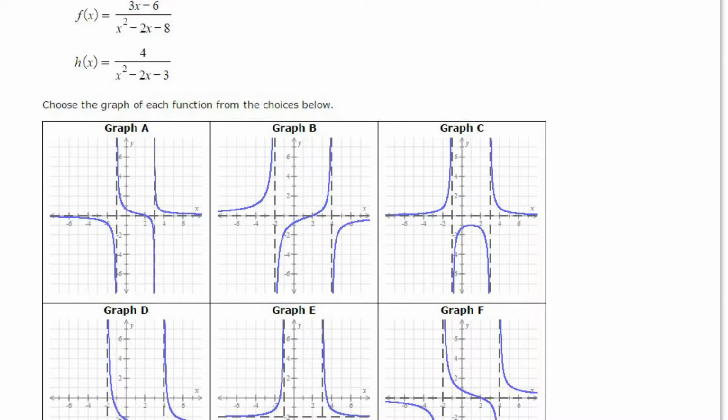Now, if I take a look at f of x, I'm going to rewrite this function by factoring the denominator. So my numerator is going to stay the same, 3x minus 6. And my denominator, if I factor that, is x minus 4 times x plus 2.